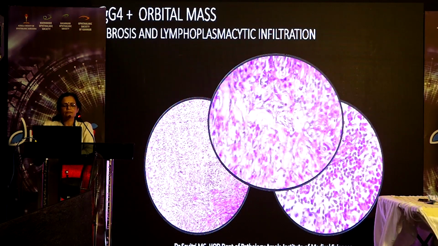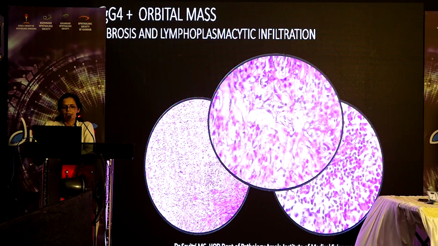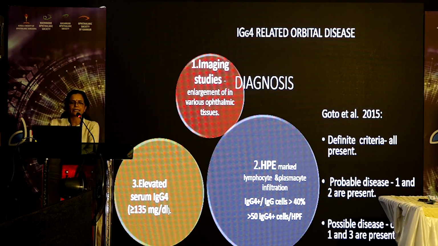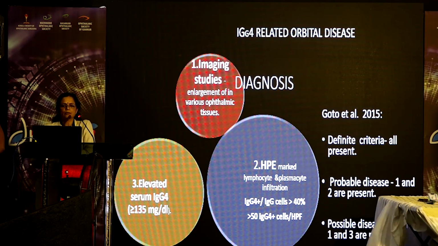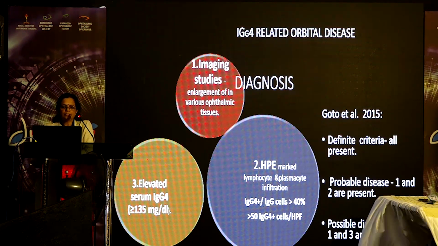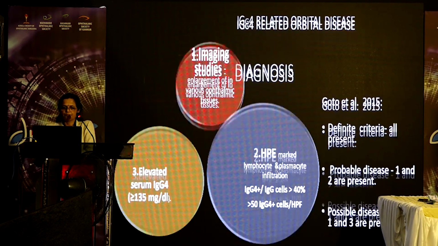Histopathology will show fibrosis and lymphoplasmacytic infiltration. But there are certain criteria for diagnosing IgG4-related orbital disease, IgG4-ROD. The serum IgG4 should be raised, and there should be more than 50 IgG4 positive cells per high power field.